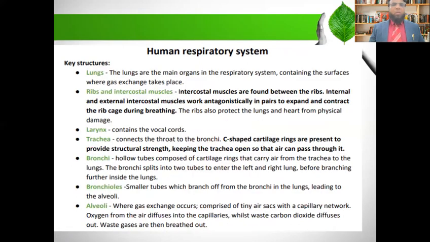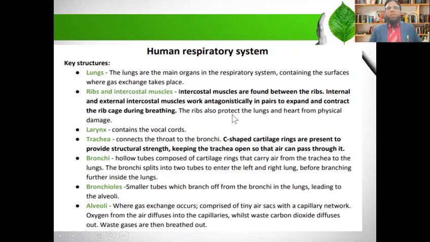Okay, now come to a little more detail. The lungs are the main organ in the respiratory system, containing the surfaces where gas exchange takes place. The ribs have intercostal muscles found between them. Internal and external muscles work antagonistically in pairs to expand and contract the rib cage during breathing.